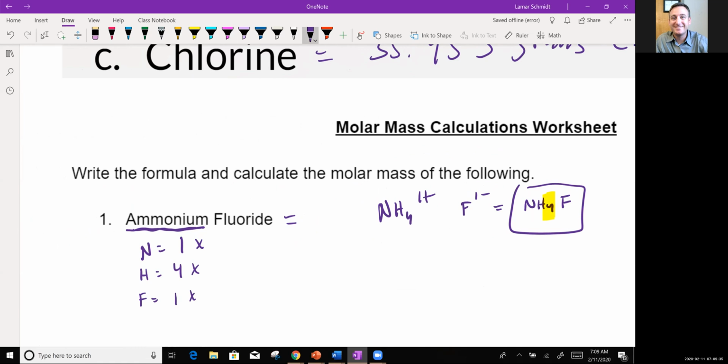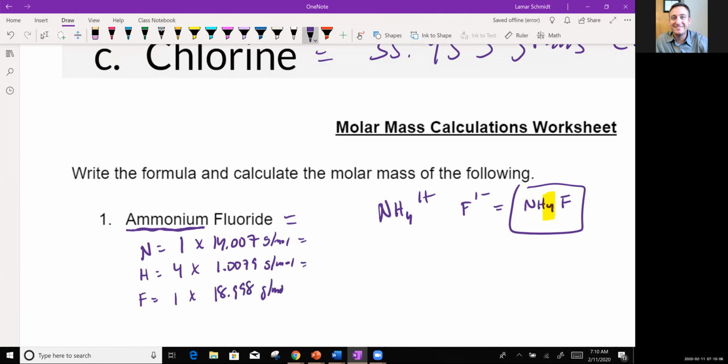So when you go to your periodic table and you look up nitrogen, you should see that it is 14.007. And you should see that hydrogen is 1.0079. And this is actually grams per mole. And that fluorine is 18.998 grams per mole.